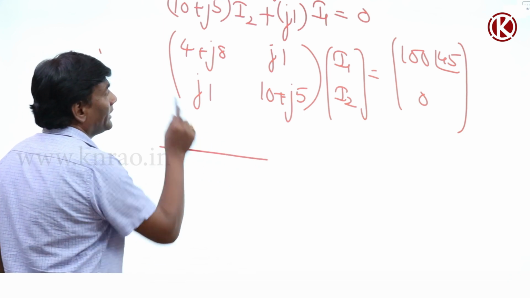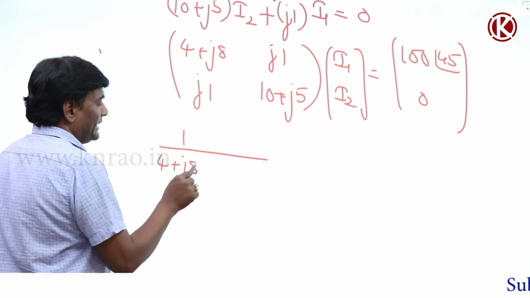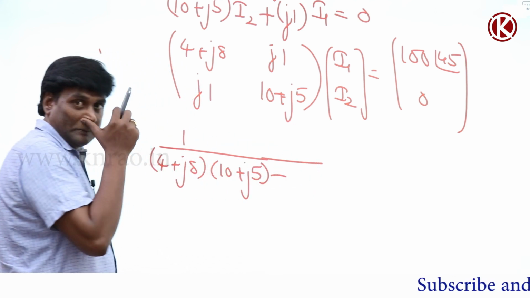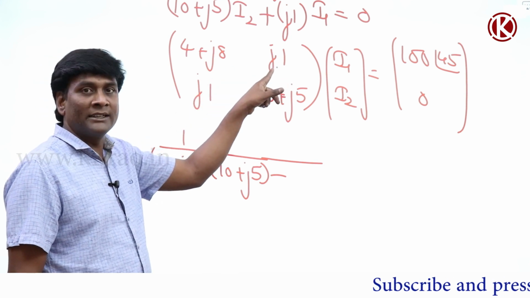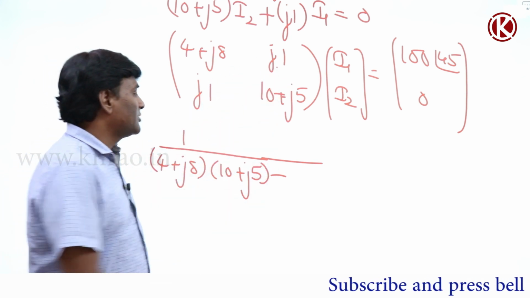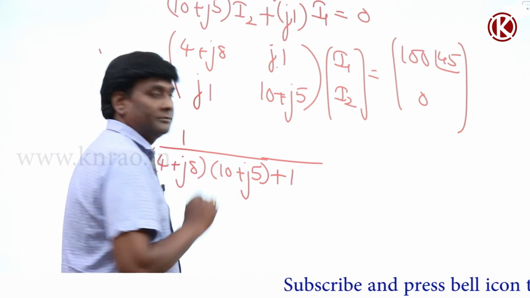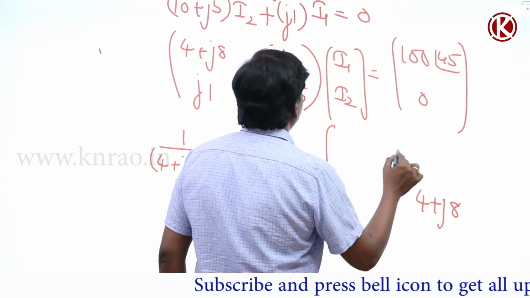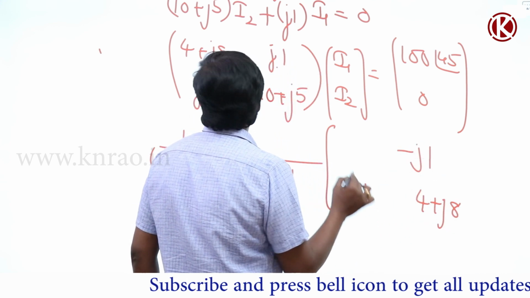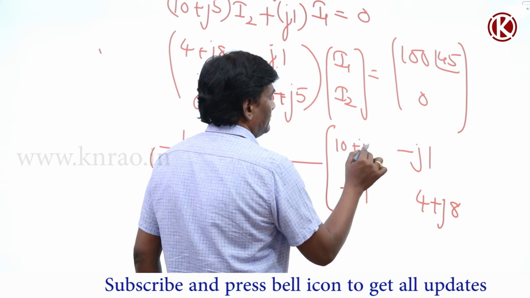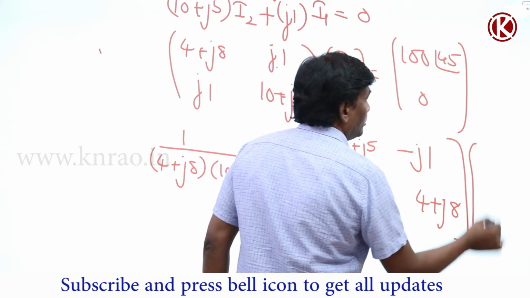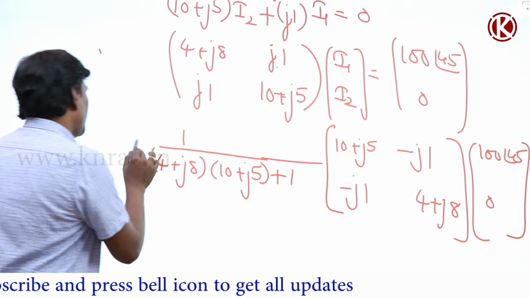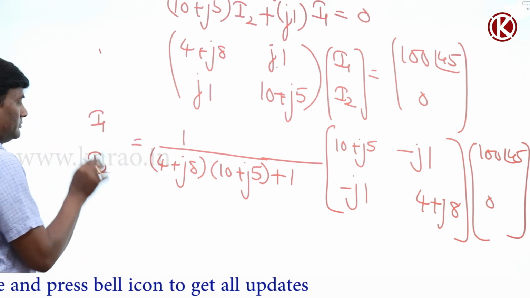So this is 1 by AD, 4 plus J8 into 10 plus J5, minus, J into J is minus 1, J square is minus 1, so minus of minus plus 1 into 4 plus J8, minus B minus C D, into 100 at an angle 45, 0, which gives I1, I2.